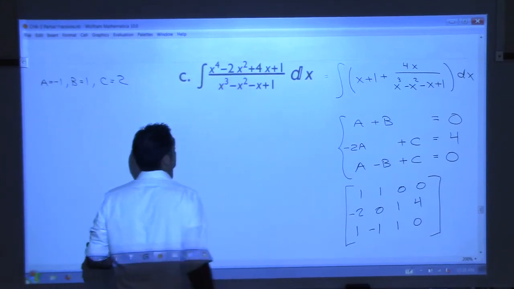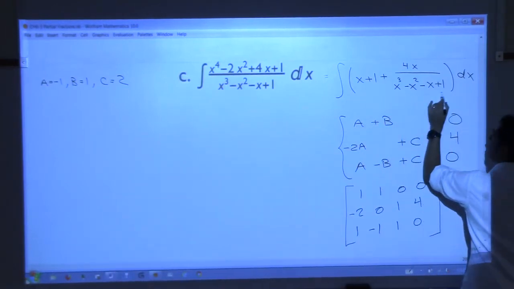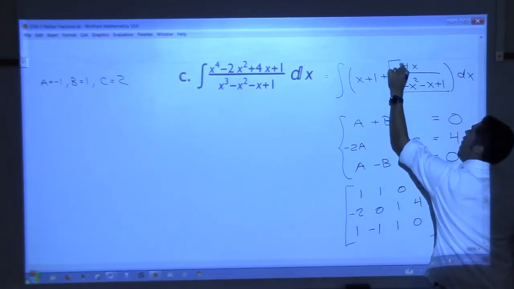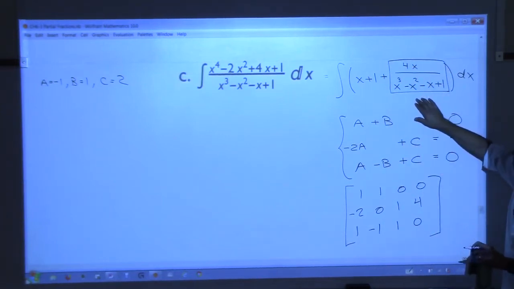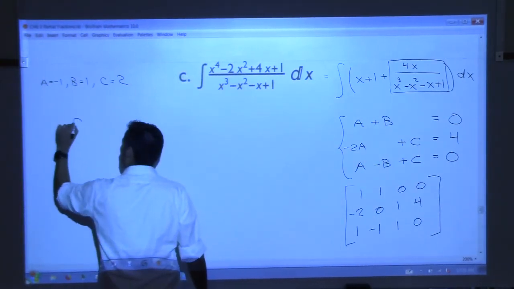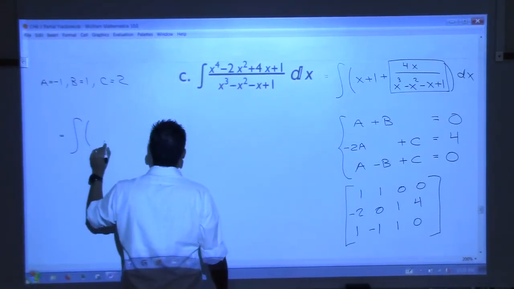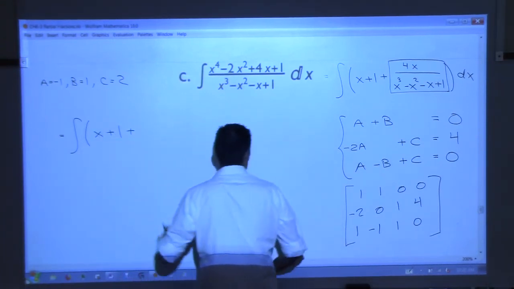So now we go back to this, right? Remember this is where we were? And we just did partial fraction decomposition on just that part. So here's where we are in terms of the integral. We are at integral x plus 1 plus, what was it?